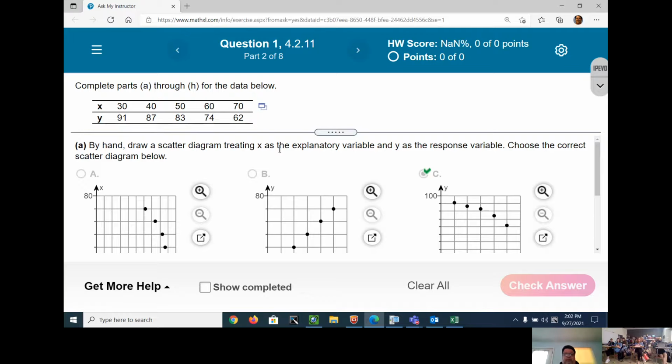Now, there's 2 equations that they want you to find.